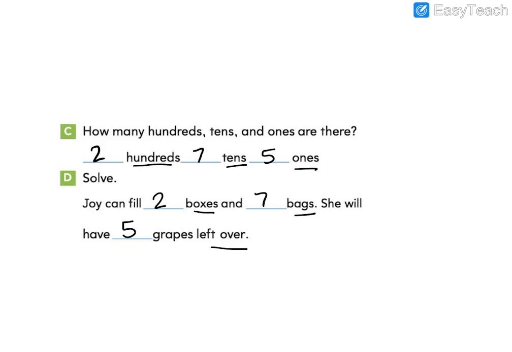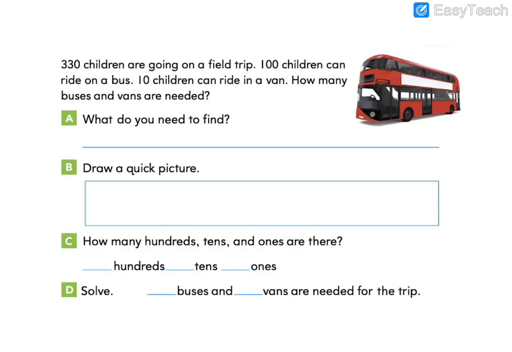Let's look at the next problem. 330 children are going on a field trip. 100 children can ride on a bus. 10 children can ride in a van. How many buses and vans are needed? What do we need to find? Well, we know how many children are going, right? There's going to be 330 children going.